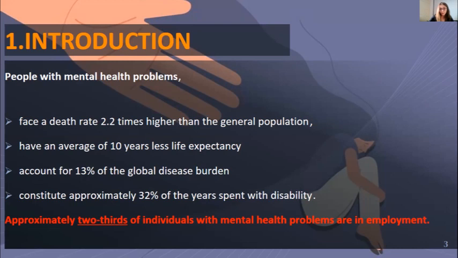And now approximately 2/3 of the individuals with mental health problems are in employment. I mean, when we consider the employee population, there is 2/3 of unhealthy employees. They are working, they are in the workplace now.